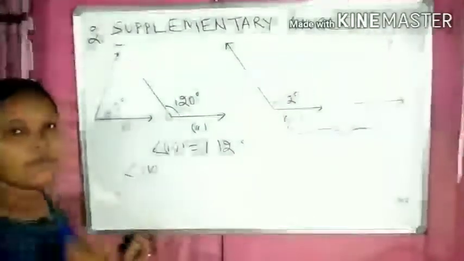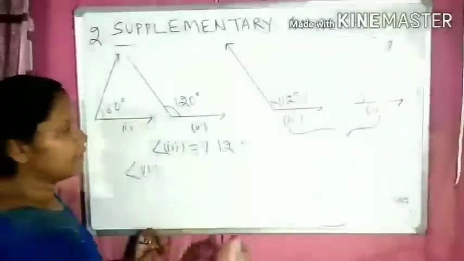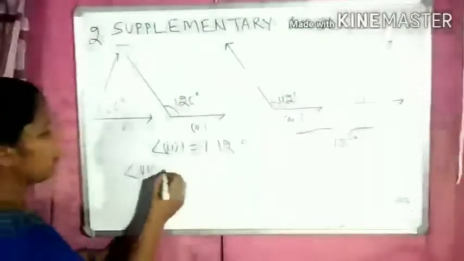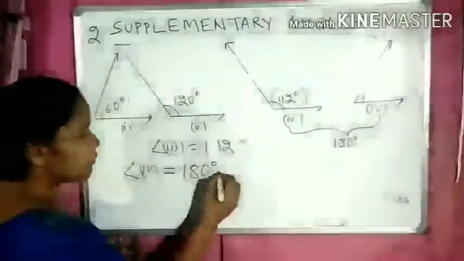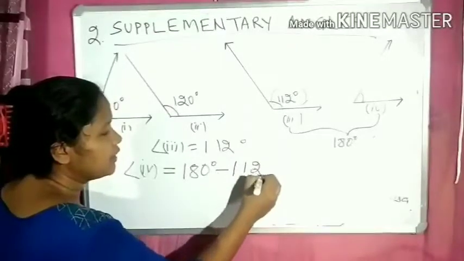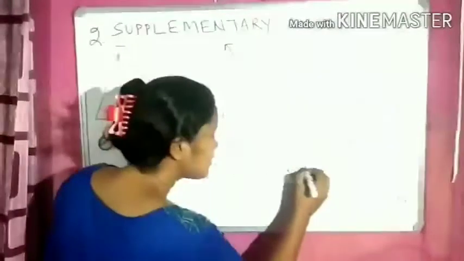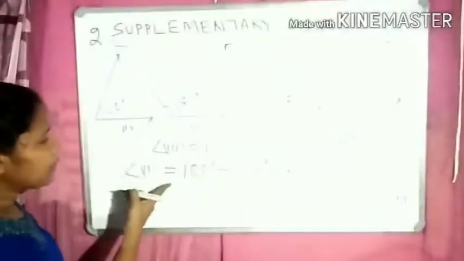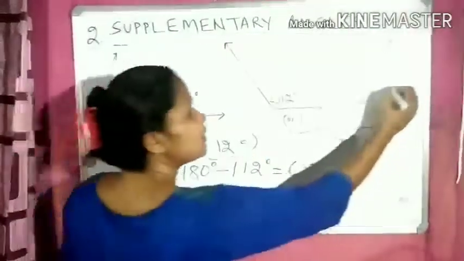So the sum of two supplementary angles is 180 degrees. So we can find angle 4 by subtracting from 180. So 180 degrees minus 112 degrees. What are we finding? It is 68 degrees. So the supplementary angle of 112 degrees is how much?